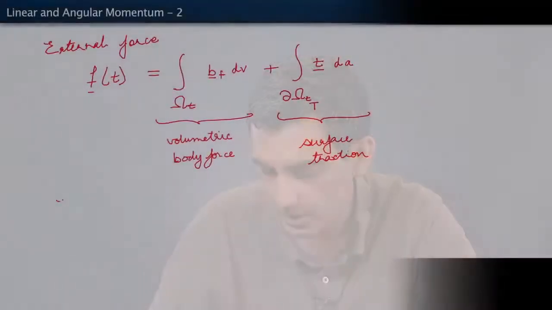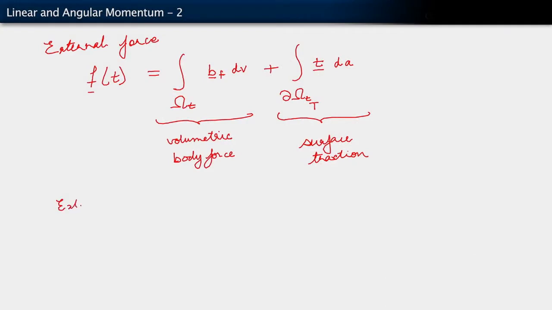We'll revisit this in much greater detail as we proceed, but I just wanted to put this up. And likewise, we write out the external moment. We decided to use capital M naught, function of time. It is simply the moment induced by each of these force distributions.